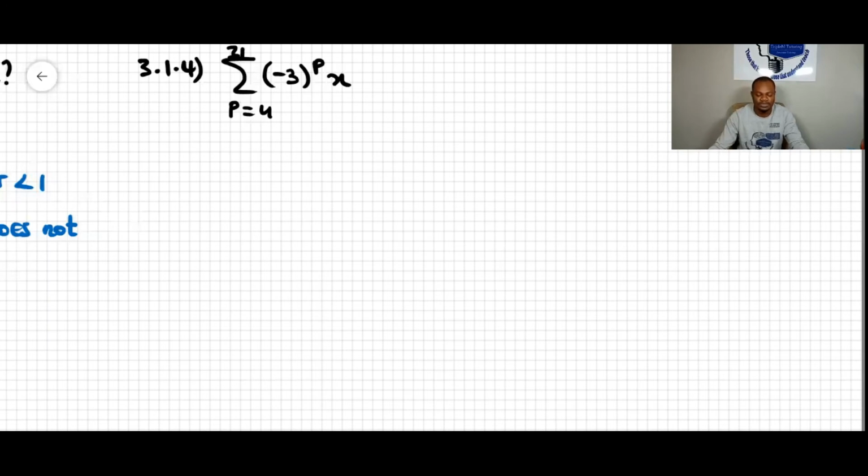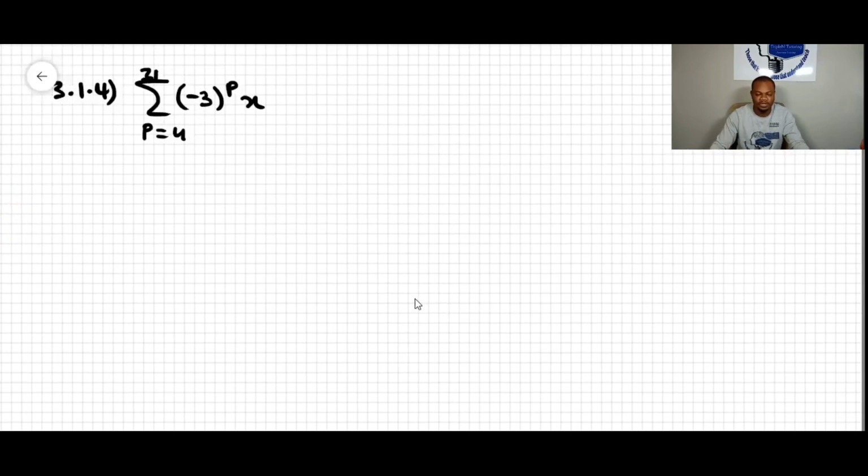So now let's do it. -3 to the power of p times x. We know this is a geometric sequence, right? A geometric sequence is given by a certain formula. I'm going to write the formula here.